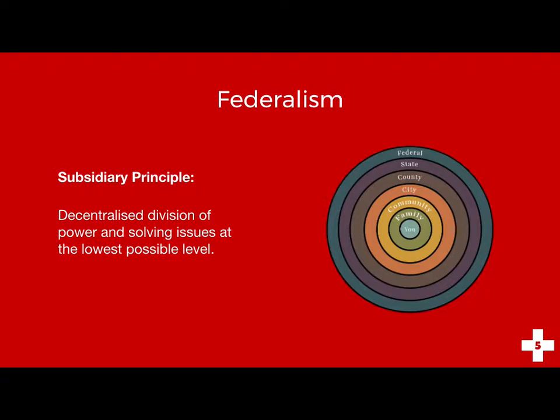Basically, what that means is the confederation, the federal government, will only undertake tasks that the cantons are unable to do themselves, or something that requires uniform regulation by the federal government. This includes stuff like the military, for example. So basically, the idea is anything that can be pushed down to lower levels should be pushed down.